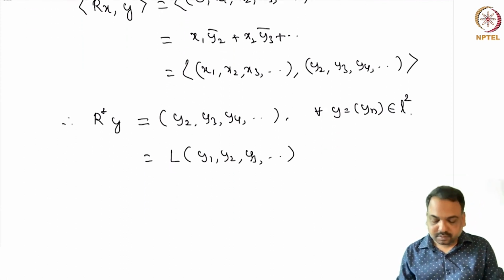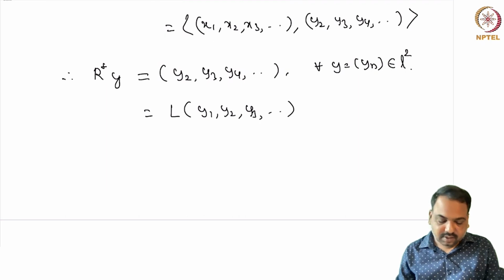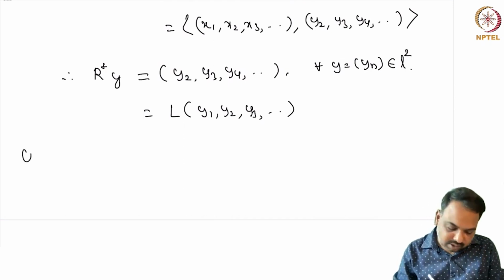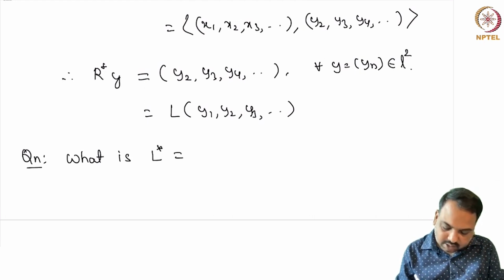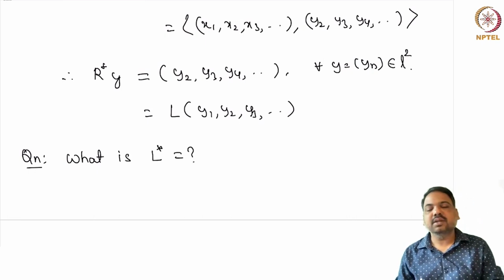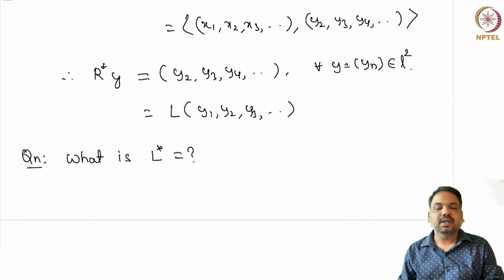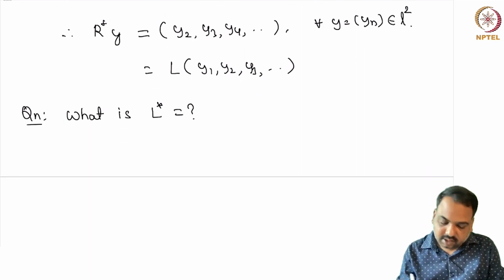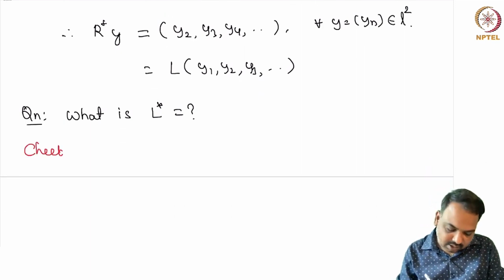Now we can ask the question, if you find the adjoint of the left shift operator, what will happen? So the question is, what is L star? In fact, surprisingly we can show that L star is again exactly R. So check that.